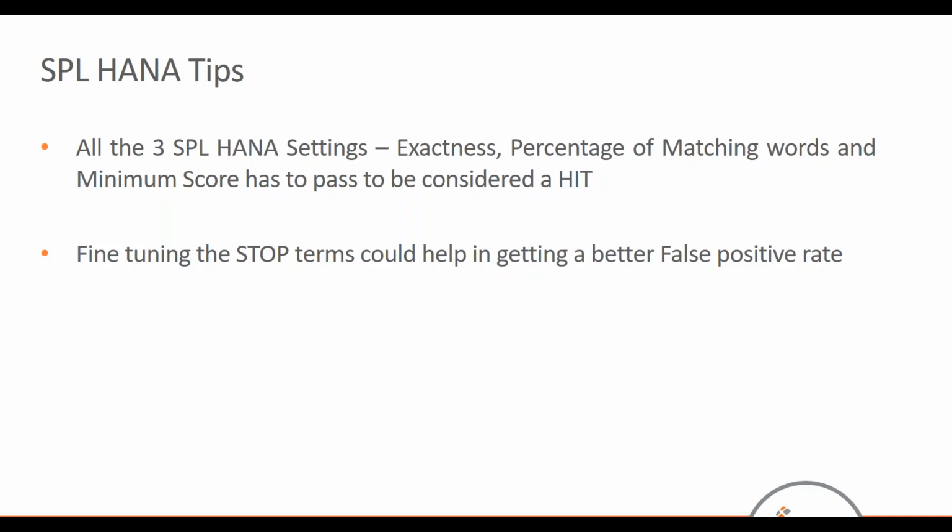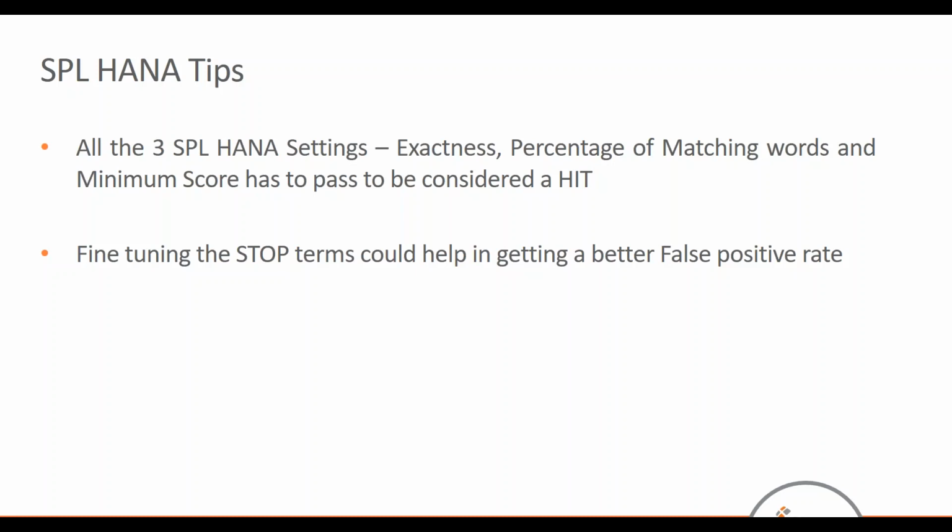It's more of a consulting thing. You need to understand the business partner master data which is fed to GTS, and the quality of the data, and based on that, you optimize the stop terms, and that will help you get a better false positive rate.